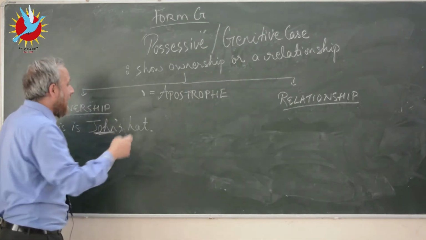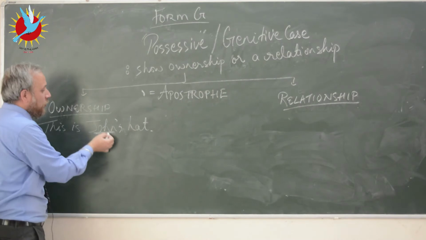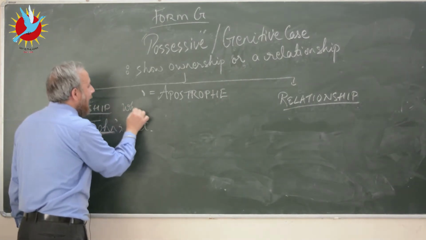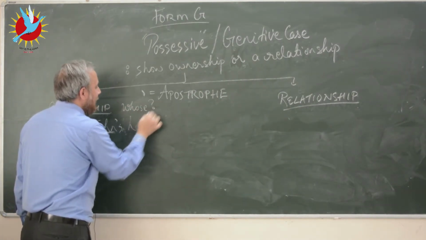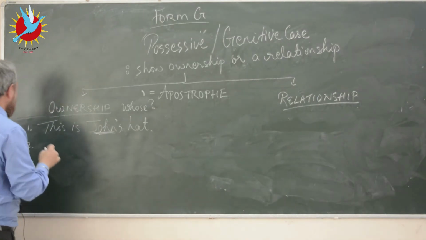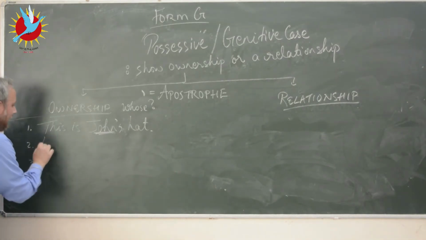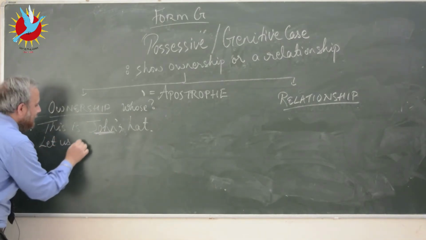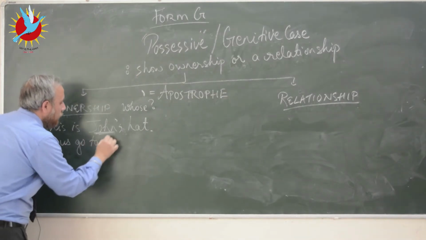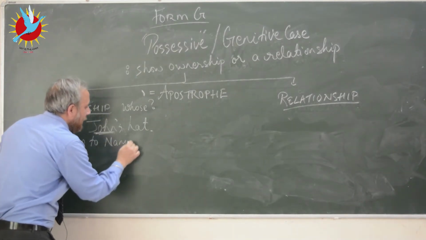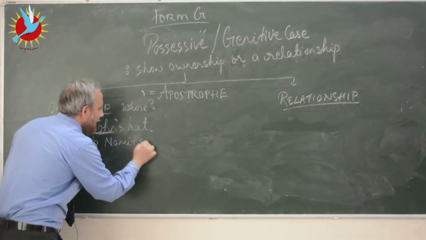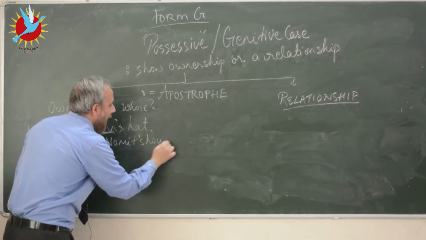What do I mean? I mean to say that the hat belongs to John. So whose hat is it? It is John's hat. Or let's say, whose house? Namit's house.